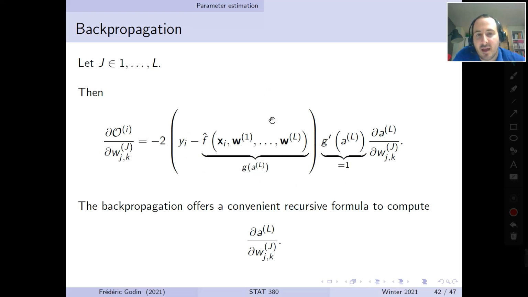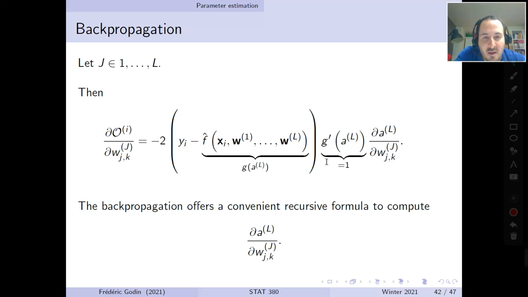Here, the prediction is G of AL. Recall that in our case we used G being the identity function.